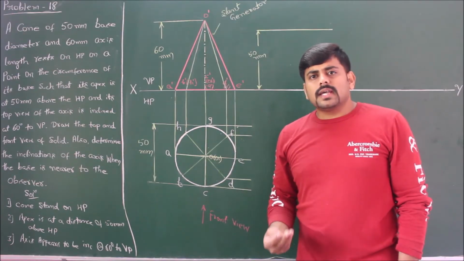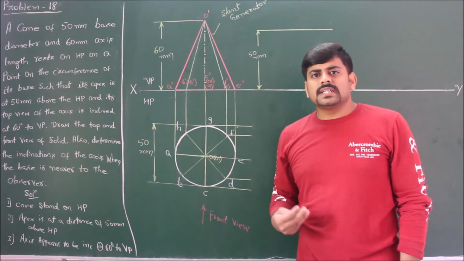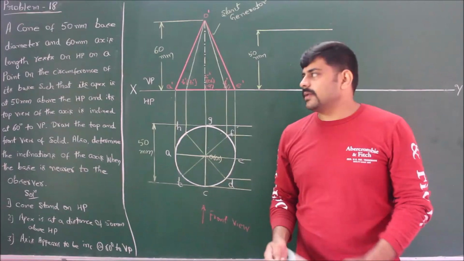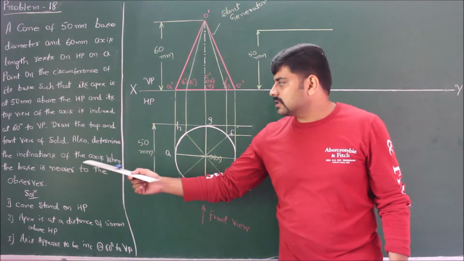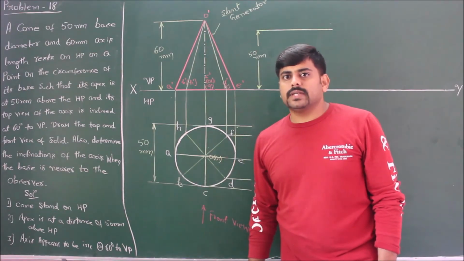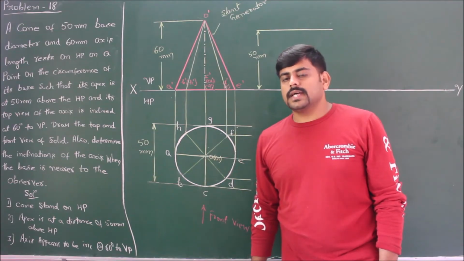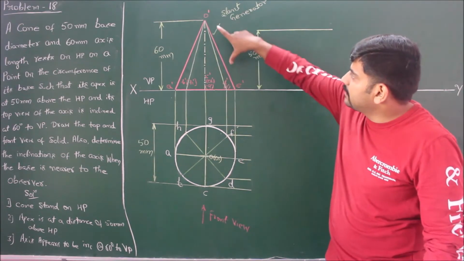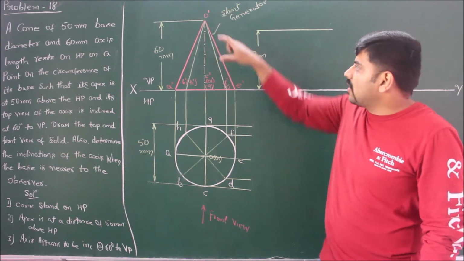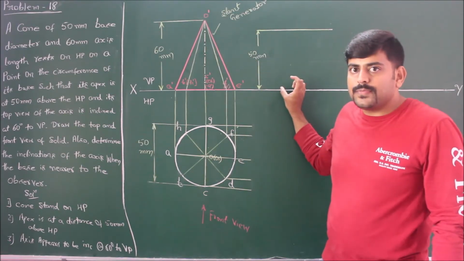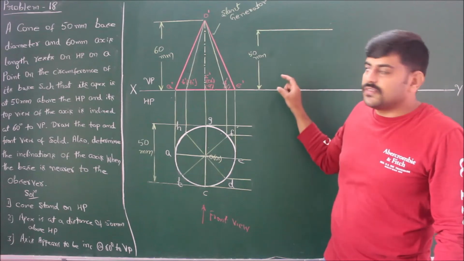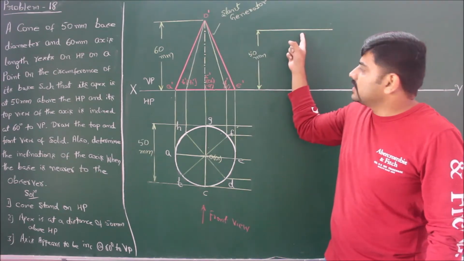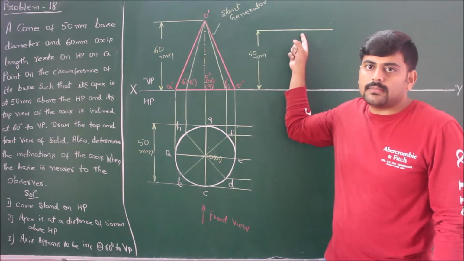Since he has not given us the angle of inclination, but he is asking us to determine the angle of inclination of the axis with respect to the horizontal plane, what we'll do is measure the dimension of E prime O prime, and using a compass, fixing E prime on the XY line, cut an arc and shift O prime to a length of 50 mm above the horizontal plane.